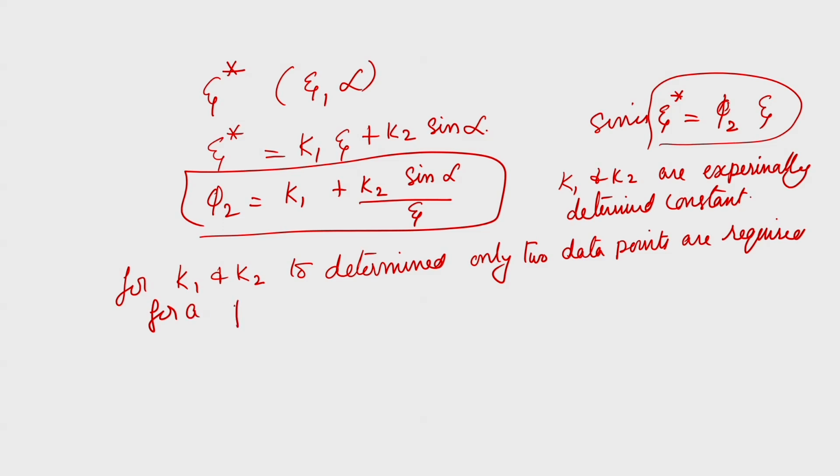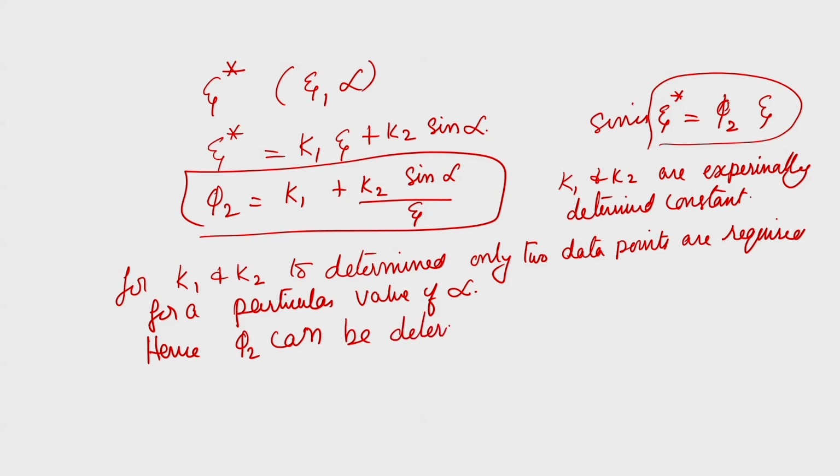For a particular value of alpha, this phi 2 can be calculated, can be determined for all die angles and reductions.